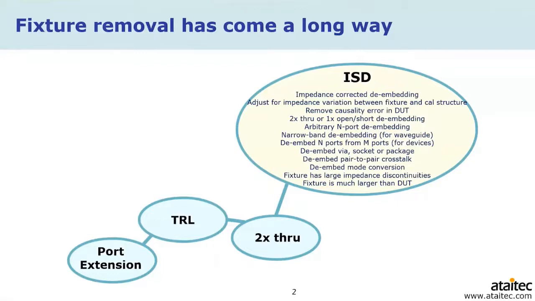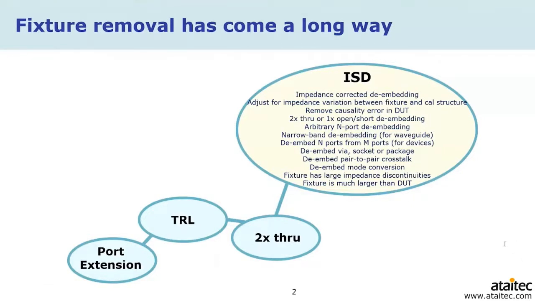Now people call ISD's technique impedance corrected de-embedding. Basically, it can adjust for impedance variation between fixture and calibration structure, so it helps you remove causality error in DUT, device under test.